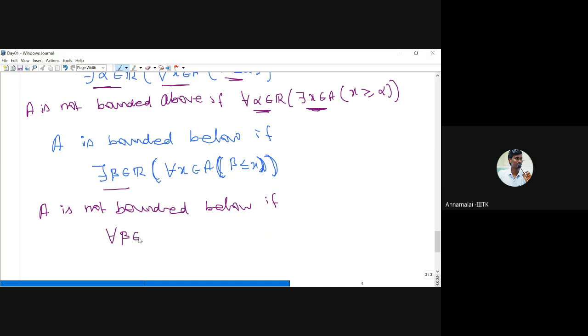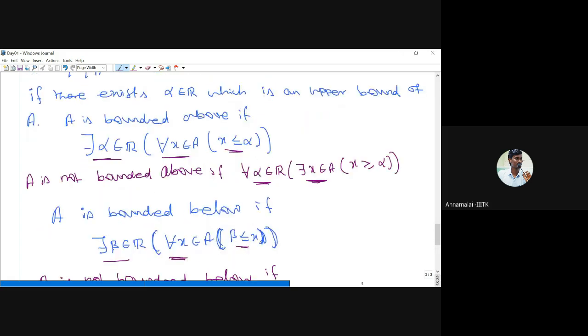So if you take any real number, what is the negation of for every? There exists a point in A such that, the negation of less than or equal to is greater than or equal to, that is beta is greater than or equal to x. So there is no lower bound. If you take any real number, we can always find a number from A which is below beta. So A is not bounded below.